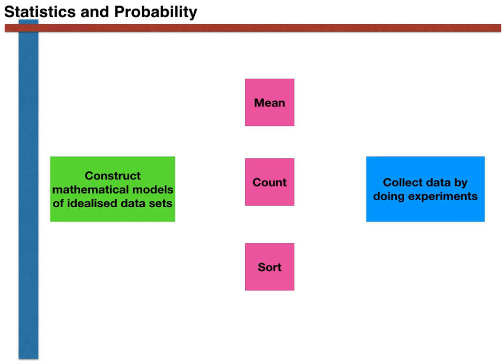We can do this for both the real data and the model data. We can then perform a systematic comparison between the results from the model and the results from the real world, and thereby infer whether the model gives a good description for what has been observed in the experiments.